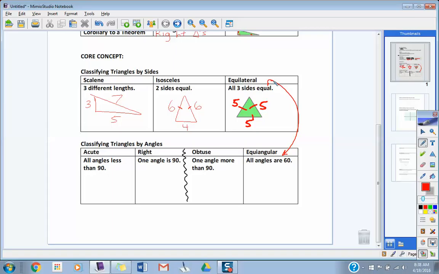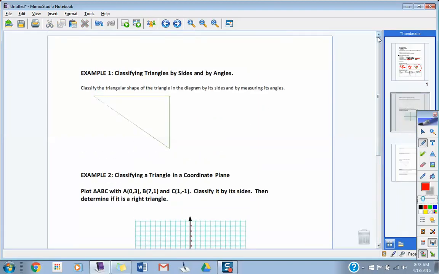Yes. Okay. Well, let's maybe jump into the stuff that we're not 100% sure about then on page 2. Okay, on page 2. Let's take a look here. Guys, it says classifying triangles by sides and angles. So here we go. I'm going to put some angles and some sides in here on example 1. You do the same.